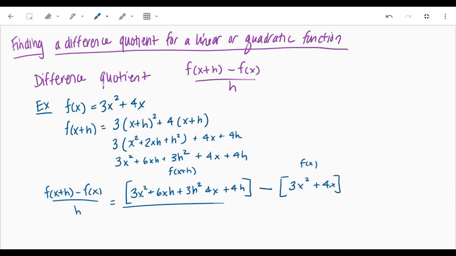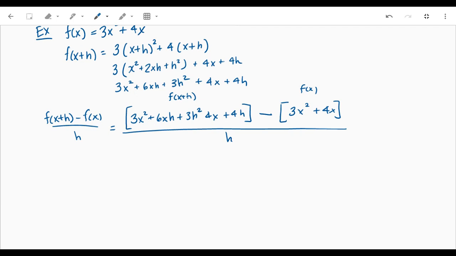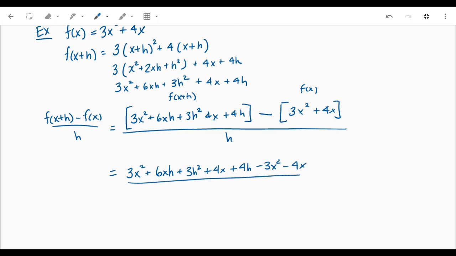And then remember, that's all over h. Be really careful that you distribute that negative correctly for your f of x, and we'll have 3x squared plus 6xh plus 3h squared plus 4x plus 4h minus 3x squared minus 4x over h.